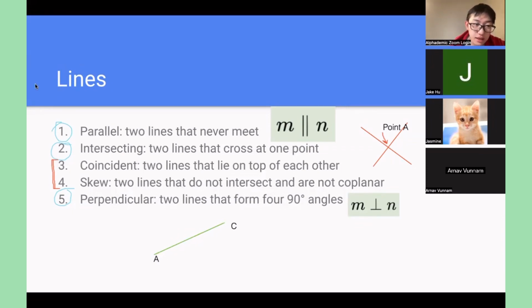And say this one would be segment EG, for example. That's the difference. Intersecting is they cross at one point. Coincident means that they cross at every single point possible on the line. Does that answer your question? Okay, great.